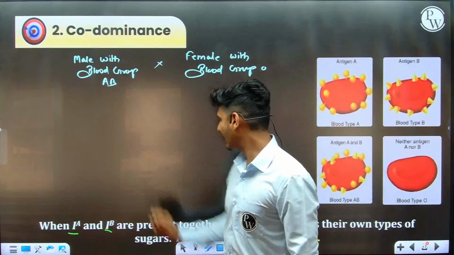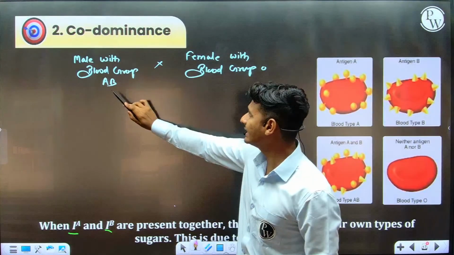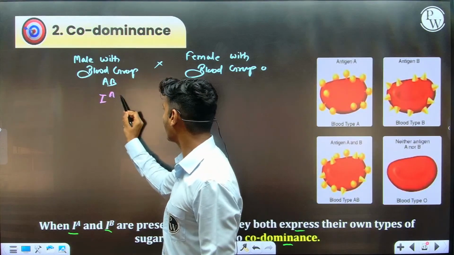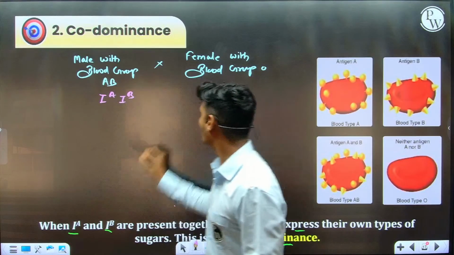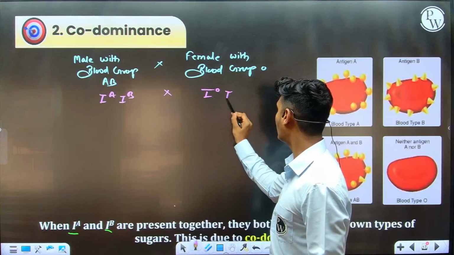Male with blood group AB and female with blood group O. So what are the alleles for blood group AB? IA and IB. The allele for blood group O is IO.